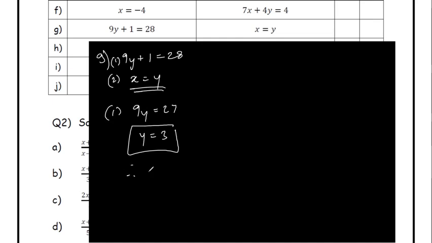So x is 3. Or you can just substitute. So y is 3, so x is equal to y from the second equation. So x is equal to 3. Pretty easy.